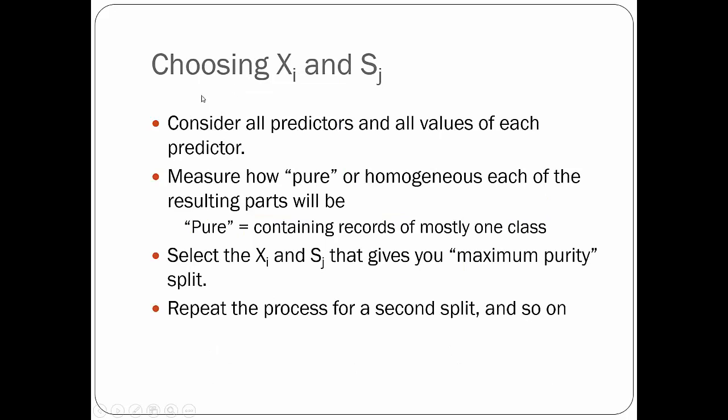And then how do you choose? Now you have a whole bunch of possible candidates for split, a bunch of them from the first predictor, a bunch from the second predictor.